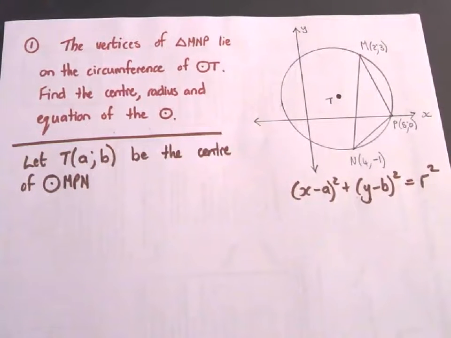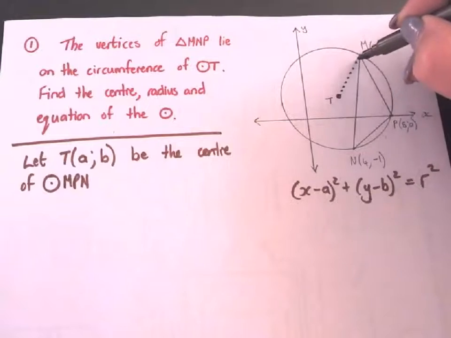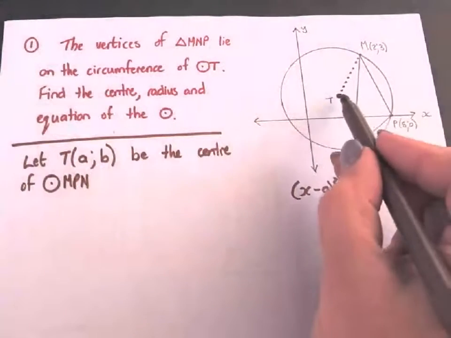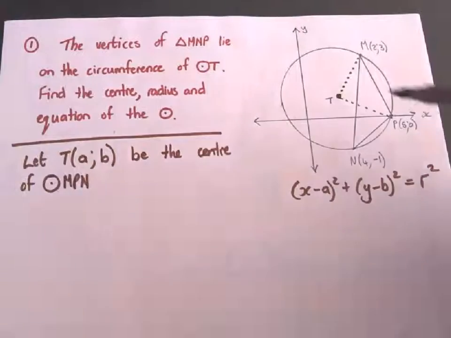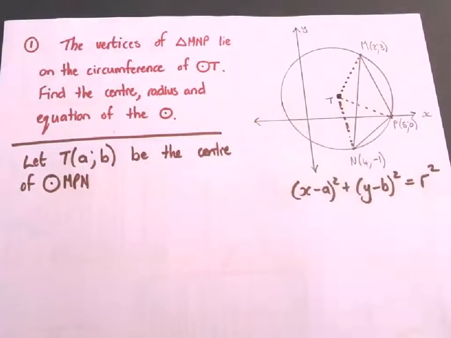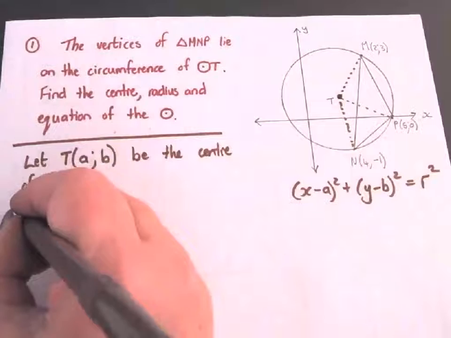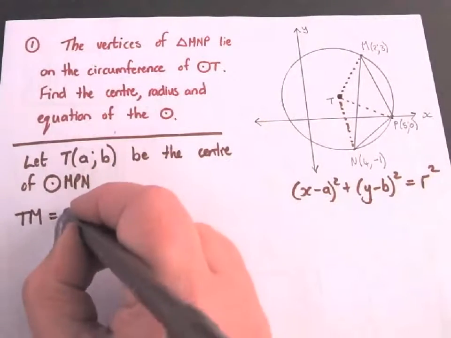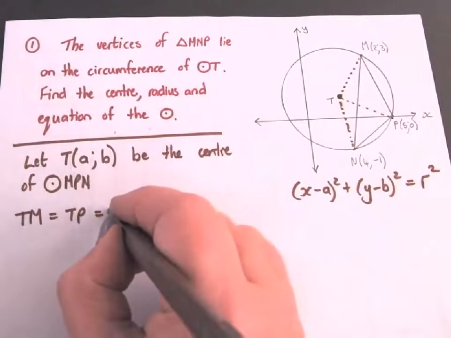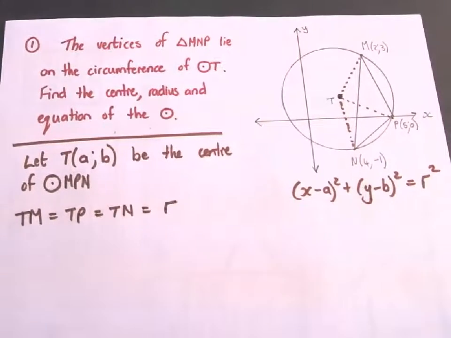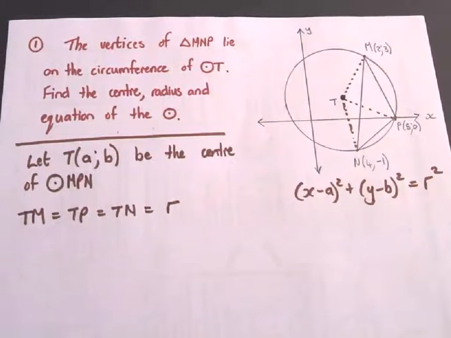But what are we going to use for x, y, a, b and r? Yes. There is a radius to M. There is a radius to P. And here is a radius to N. So Tm will be equal to Tp will be equal to Tn. And that will be our radius. Does that make sense? Okay.